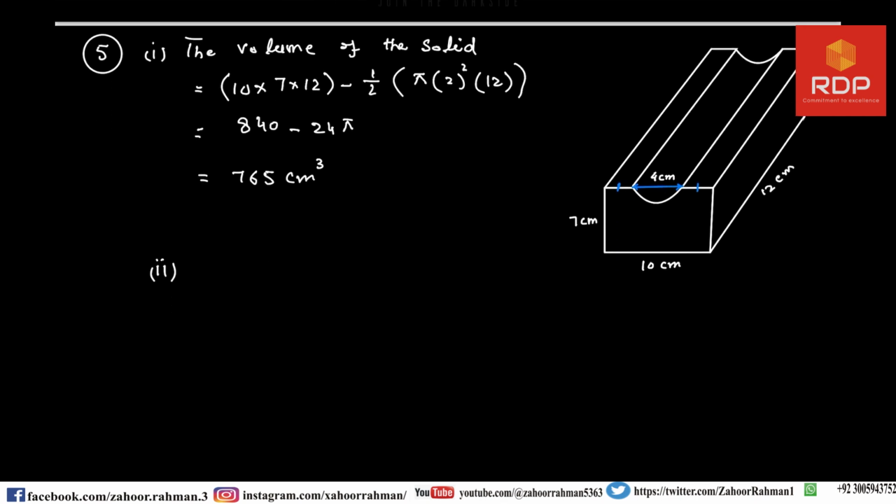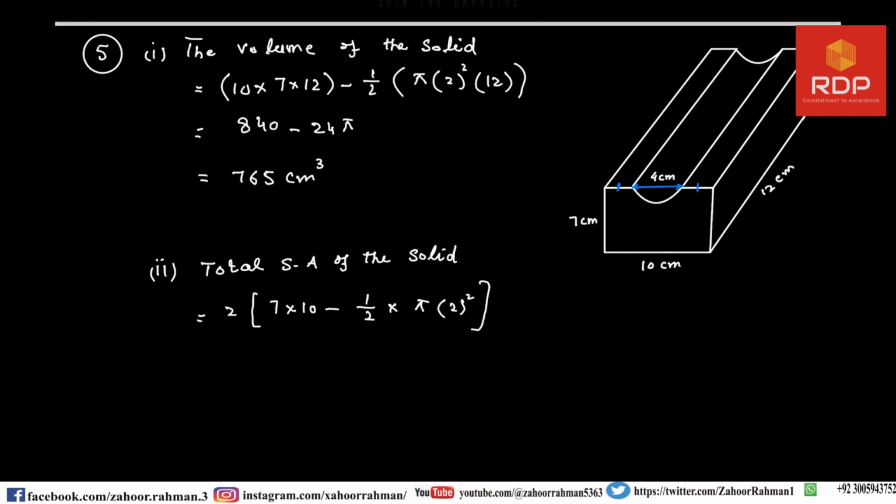Now the second part is the surface area. So we have to find the total surface area of the solid. Now here you have to pay full attention. First we are finding 7 multiplied by 10 minus 1 over 2 into pi r square.